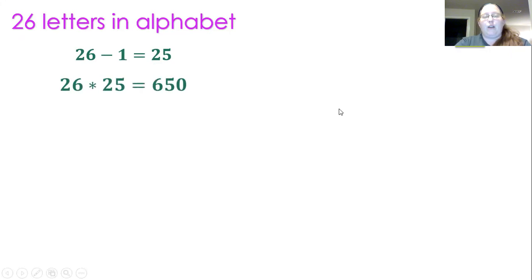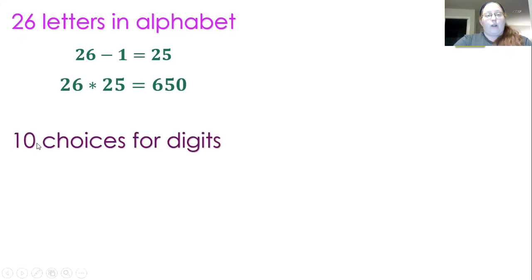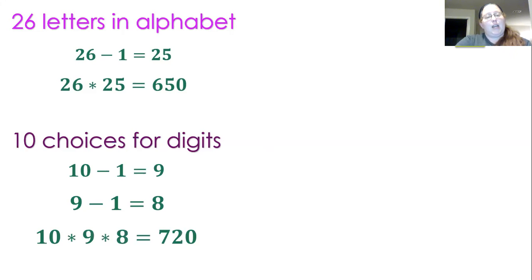Multiply those together, you get 650 2-letter combinations. Same with the digits. First choice, you have 10 options for the digit, but we can't use that again. So you do 10 minus 1 equals 9, and 9 minus 1 equals 8. So to find the digits, we multiply 10 times 9 times 8, and you get 720.